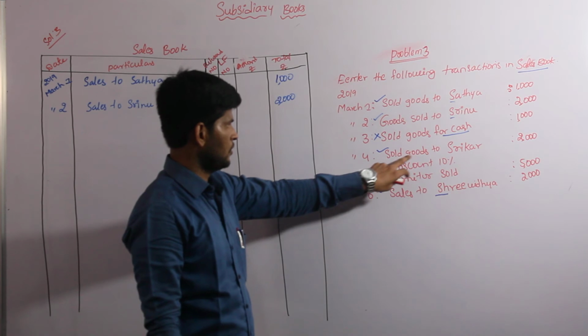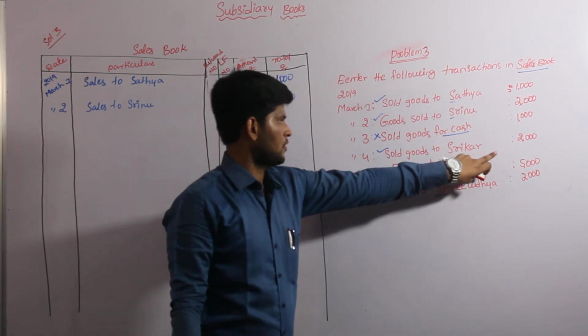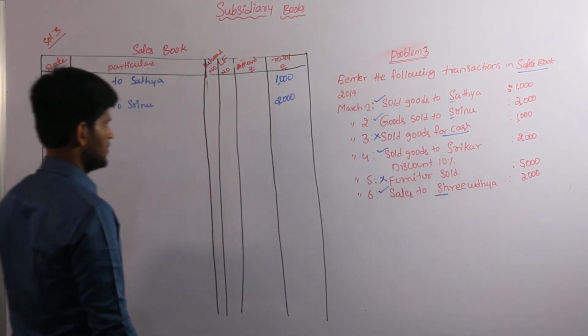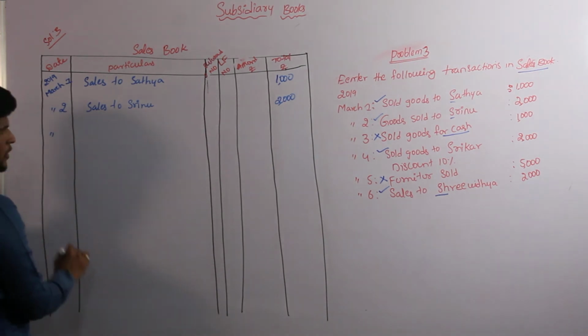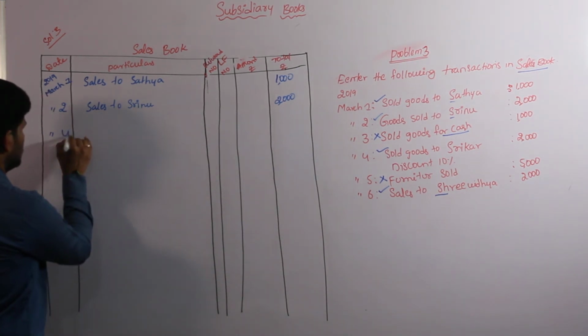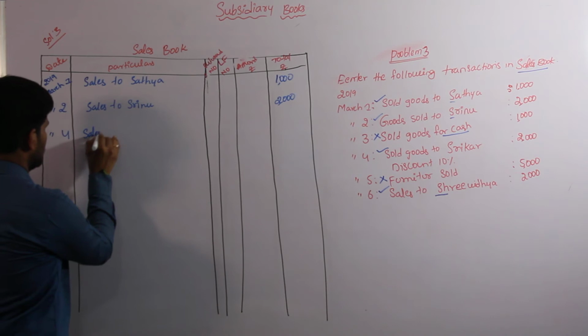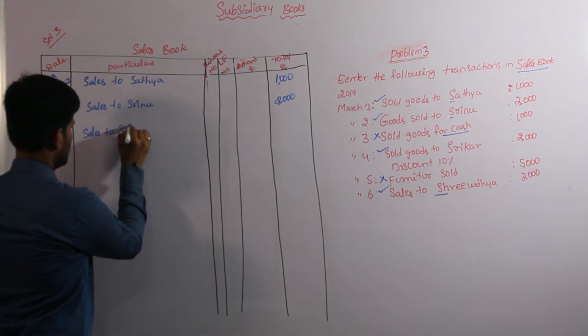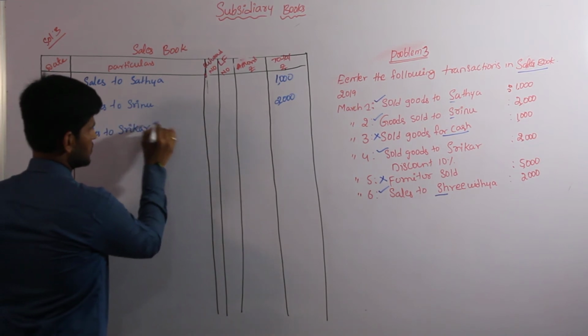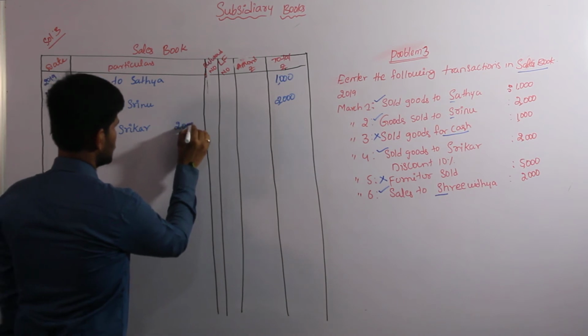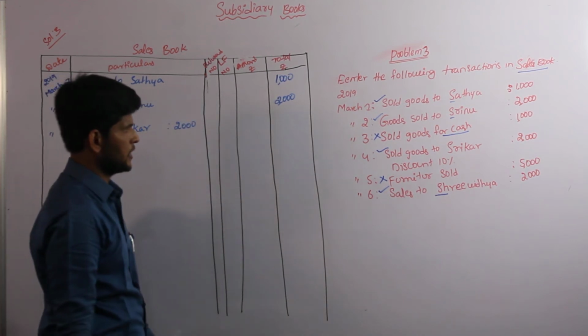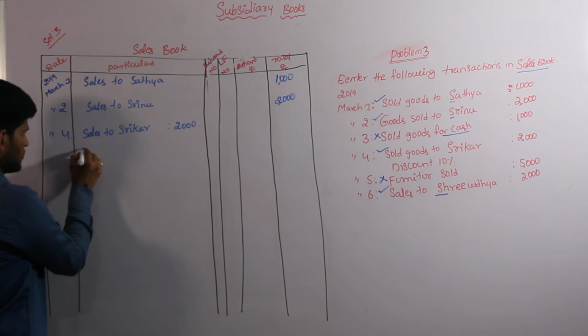And next one, sold goods to Srikar 2000, discount 10%. This we have to consider, that will be on March 4th. Sales to Srikar 2000. Out of 2000, the 10% discount we have to subtract.